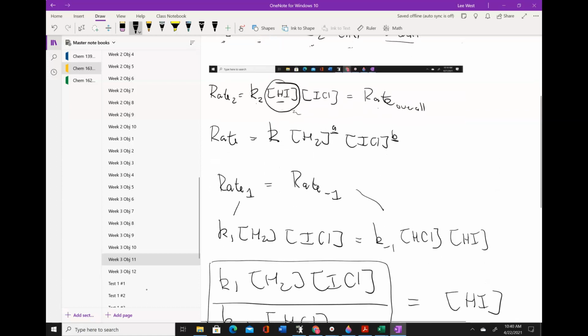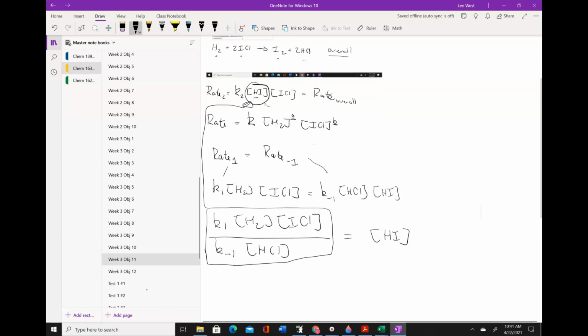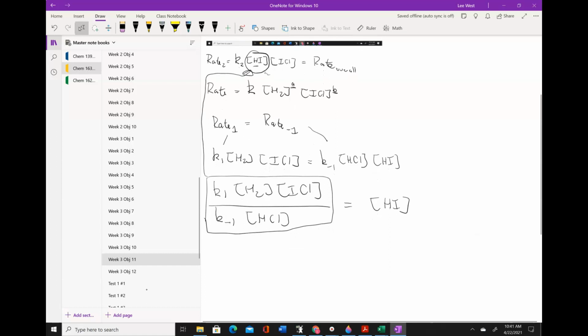So what we're going to do is take this term and substitute it for the concentration of HI in our rate law, and then we're going to get a rate law that only has things in it that appear in our overall equation.